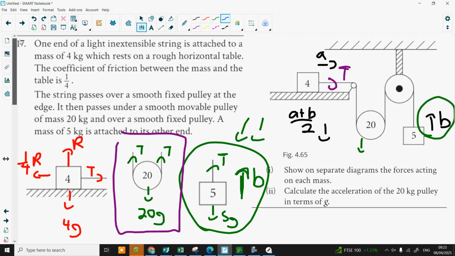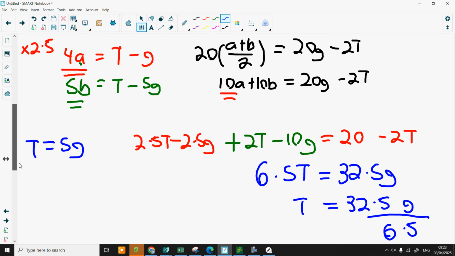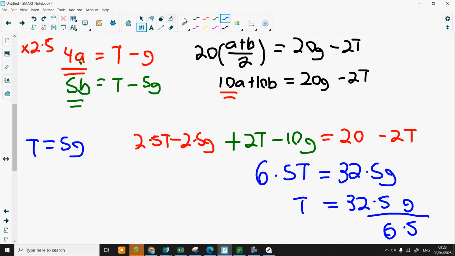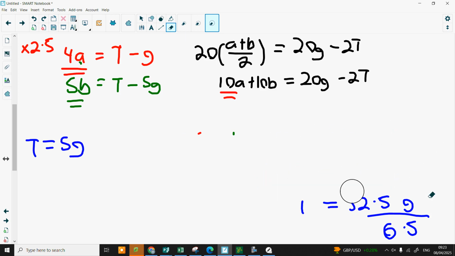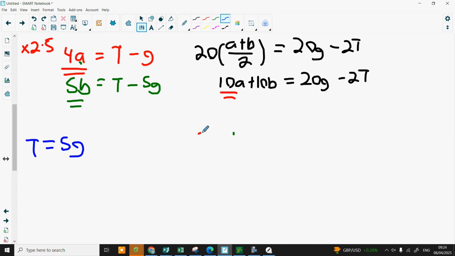Now it probably wants the other stuff as well, doesn't it? It wants the acceleration of the 20 kilogram pulley. So it wants A plus B over 2. A plus B over 2 is the game here, okay? So, oh, this is interesting. Just going to get rid of this last part. Now, do you see the red equation? See the 4a? So 4a is what?